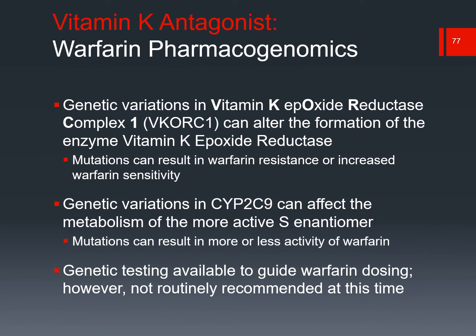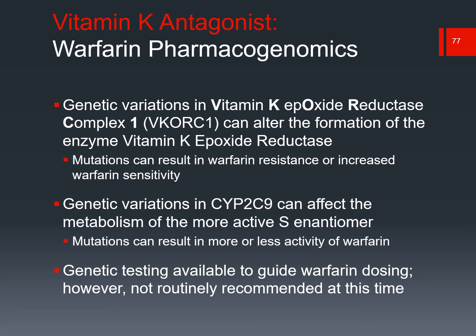Genomics is a newer area of concern, and you've learned this already with Dr. Rollins. He talked about different pharmacokinetic and pharmacogenomic interactions with certain drugs, and warfarin is the most commonly used example of a pharmacogenomic interaction. There are variations in VKORC1, which is the genetic makeup of our vitamin K epoxide reductase complex.